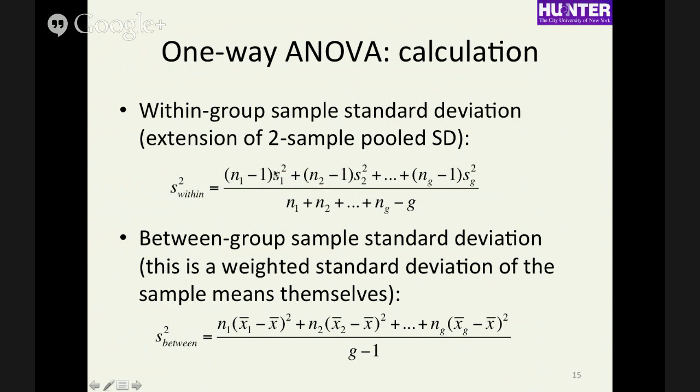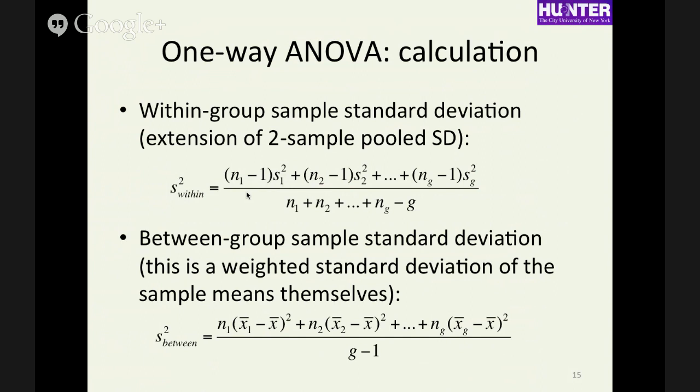So with those 3 methods, I showed you the standard deviation calculated for each method, and then they're weighted by the sample size of that group. So if you have a large group and some smaller groups, then that large group counts more towards your overall estimate of the within group standard deviation.